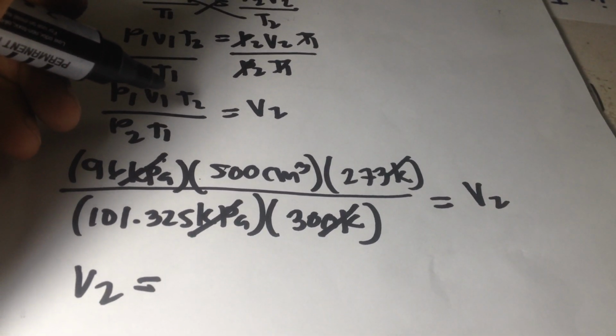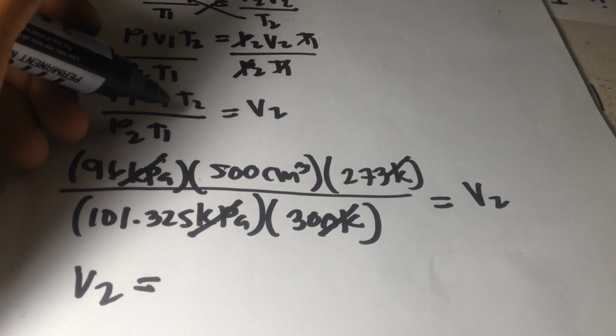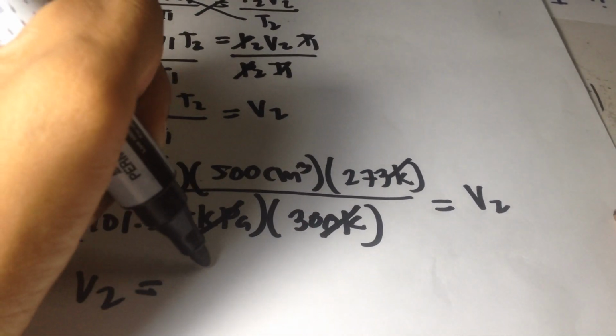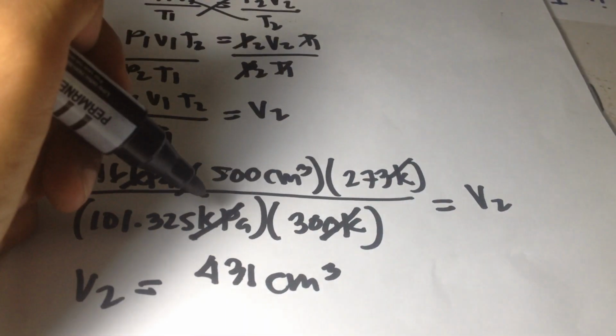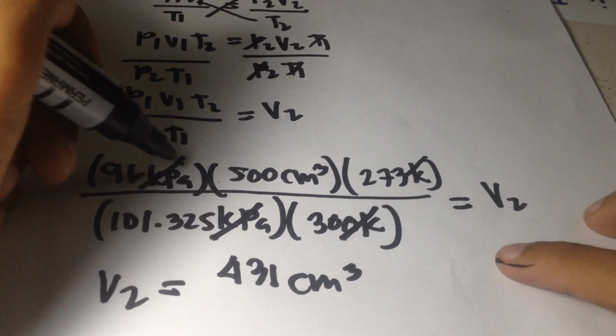So 96 times 500 times 273 divided by 101.325 times 300 is equal to 431 cubic centimeter. That is your final answer.